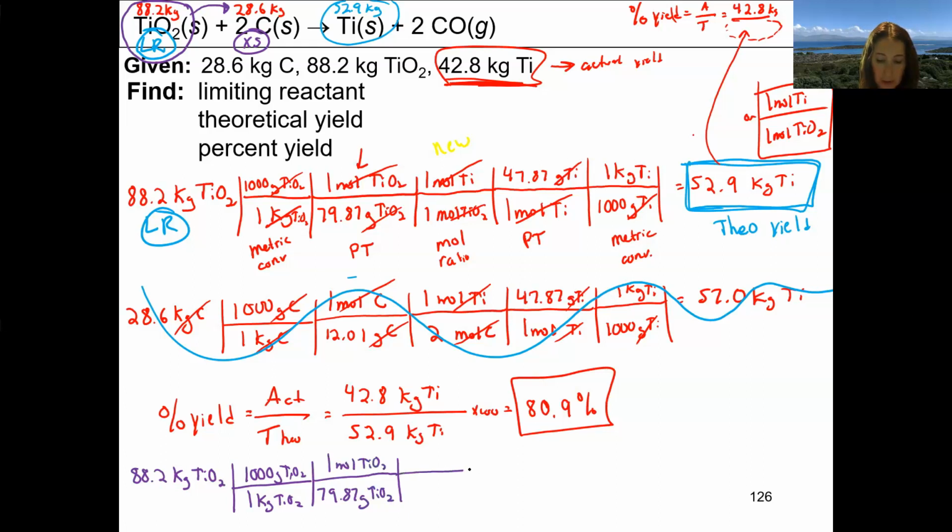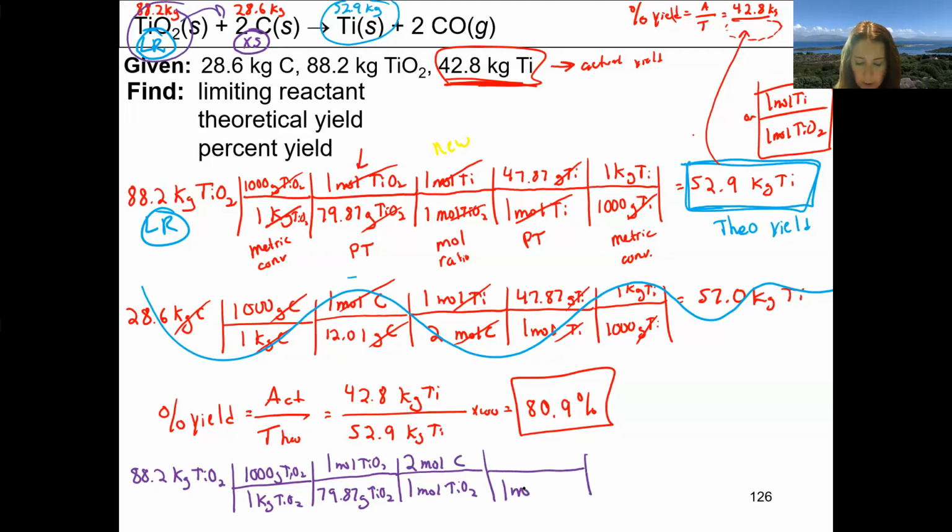What I'm doing is reacting my limiting reactant and seeing how much carbon is used up. So my mole ratio is between those two. I convert from TiO2 to carbon, so there's 2 moles of carbon. I'm just reacting this with this and seeing how much I need.